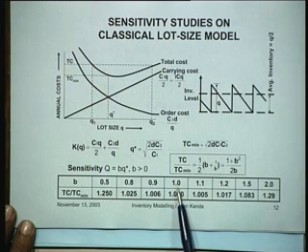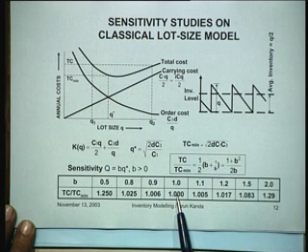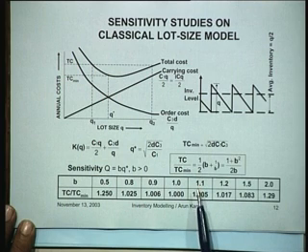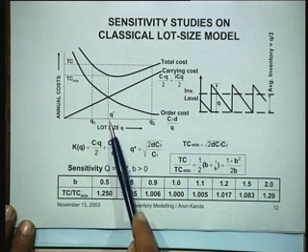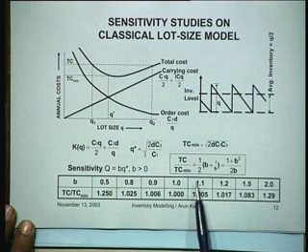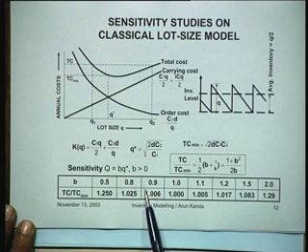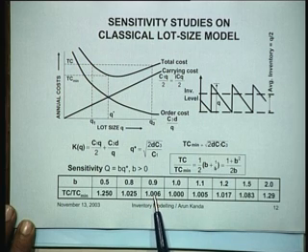For instance, if I am at the optimum order quantity, my total cost is 1, right? But suppose I depart from the optimum lot size by a factor of 10%, make it 1.1 Q. Then you find that the cost has increased to 1.005, whereas if I decrease it here, the cost has increased to 1.006, which is higher.